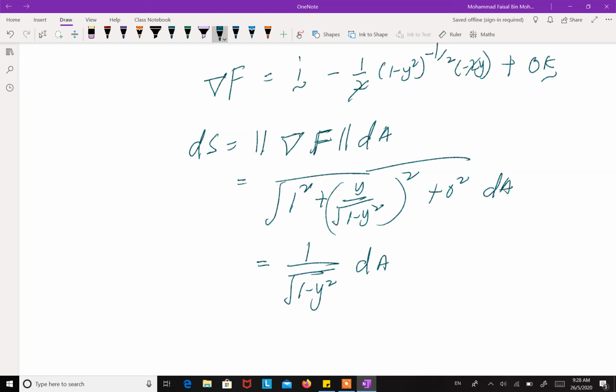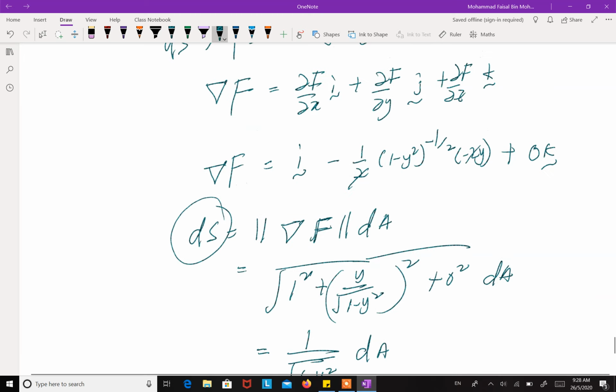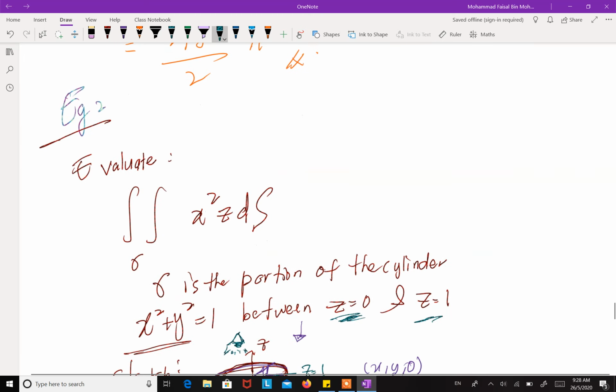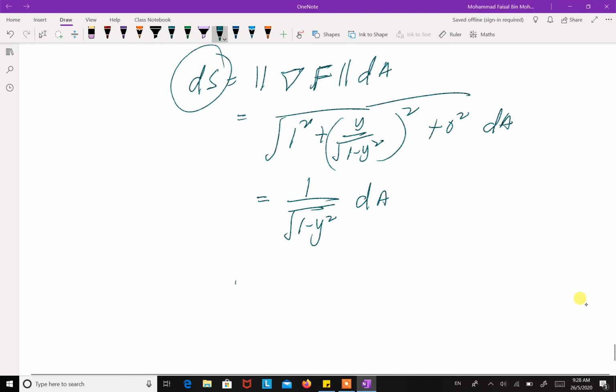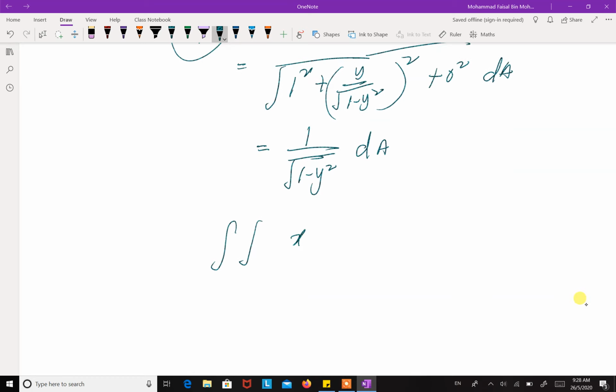Okay, we already found the dS, so now you can integrate this. So this is nothing but the integration of x squared z times 1 over square root 1 minus y squared dA, and for both sides I have to times 2 because we have only one side.